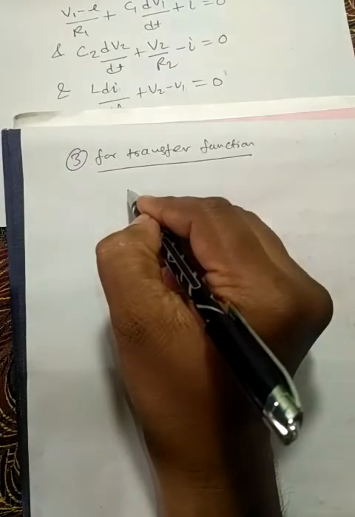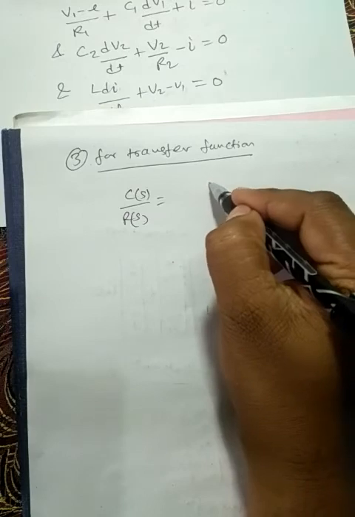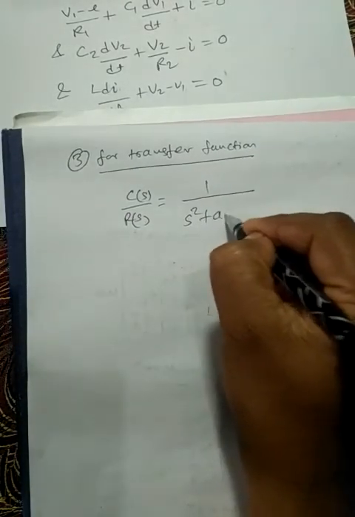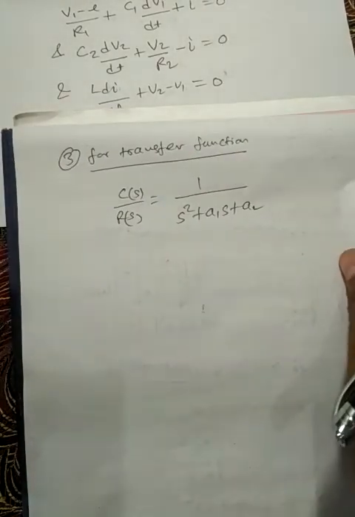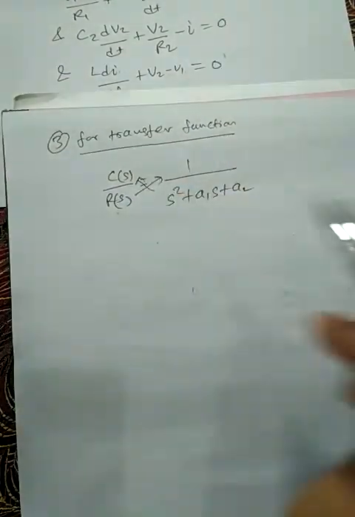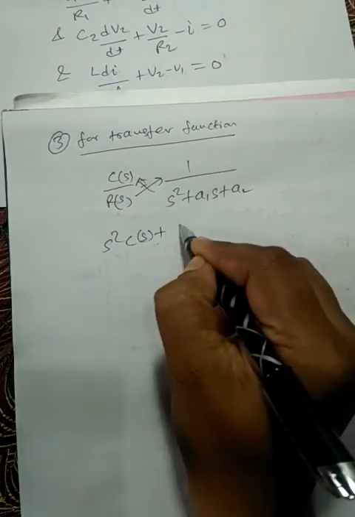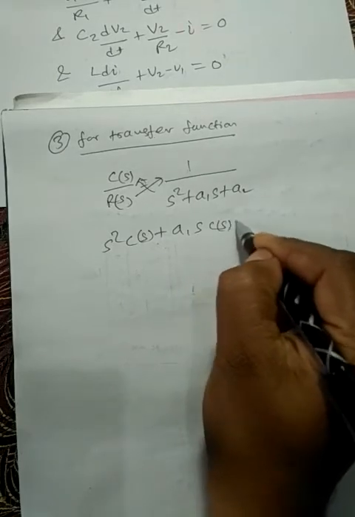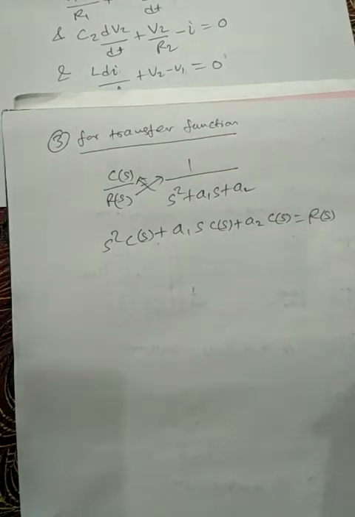So let us consider we have a transfer function like Cs over Rs is equal to 1 over s square plus a1s plus a2. Now we'll cross multiply this: s square Cs plus a1s Cs plus a2 Cs is equal to Rs.